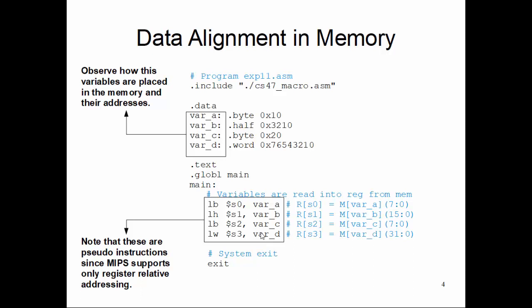So it basically tells that I want to operate some memory instruction, like read or write, at this address, which is assigned for this label. For example, LH $s1, var_b. The notion is that we want to load a half word starting from the address which is assigned for the label var_b in the symbol table, and that half word value should be loaded into the $s1 register, and this is a signed load.